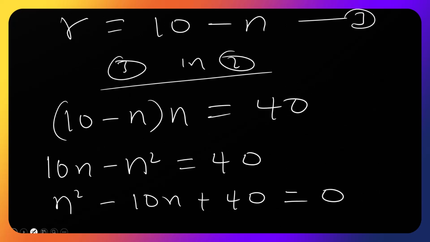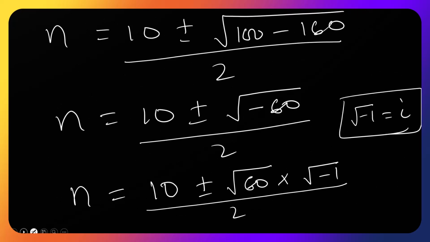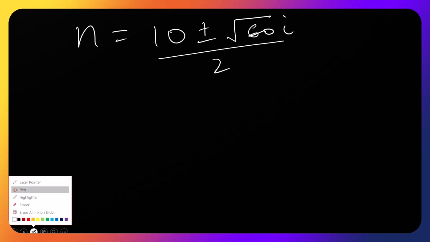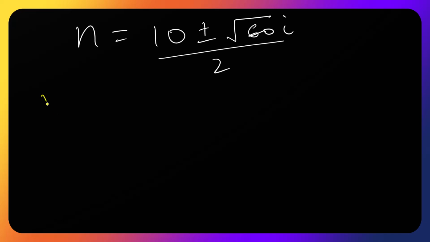But remember, we have the R and N, so this is R. Let's look at that, even though the solutions are complex. R equals 10 minus N. So let's do substitution here.